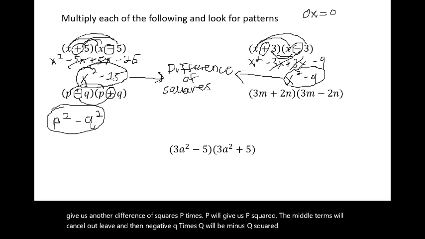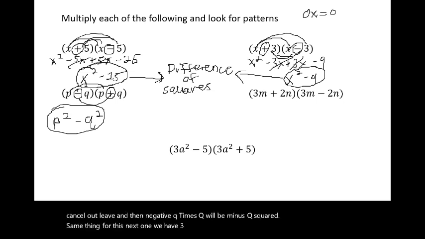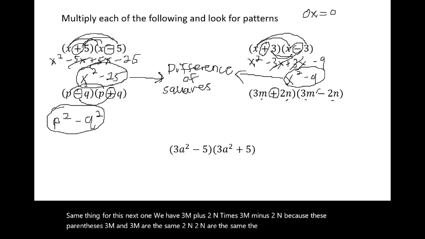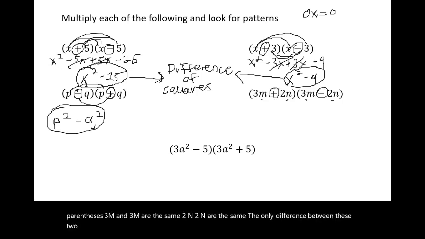Same thing for this next one. We have 3m plus 2n times 3m minus 2n. Because these parentheses, 3m and 3m, are the same, 2n and 2n are the same, the only difference between these two binomials is the sign between them. So when the only difference between the two binomials is the sign between them, it's going to give you a difference of squares.